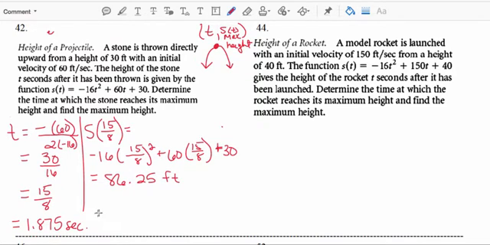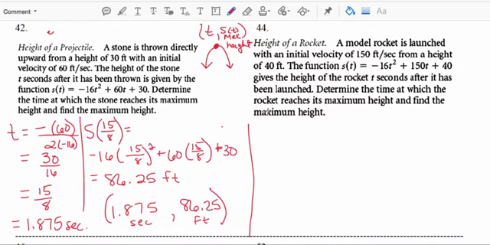Okay, so the ordered pair would be 1.875 seconds to get a maximum height of 86.25 feet, and that's just the vertex of the parabola above. The first coordinate is going to give you the seconds that go by in order to get the second coordinate's maximum height. Okay, and all the problems in this section are done pretty much the same.